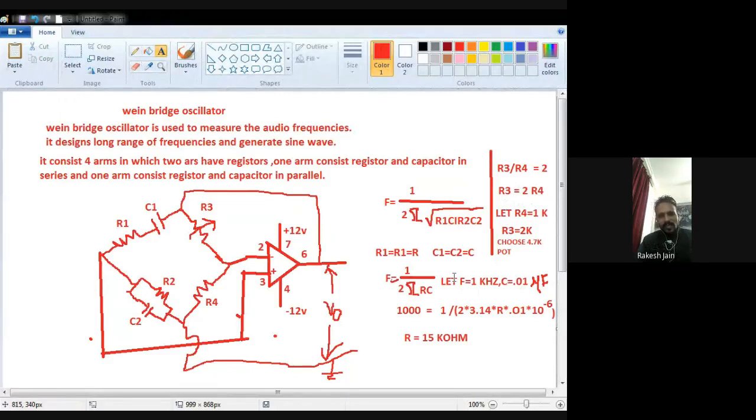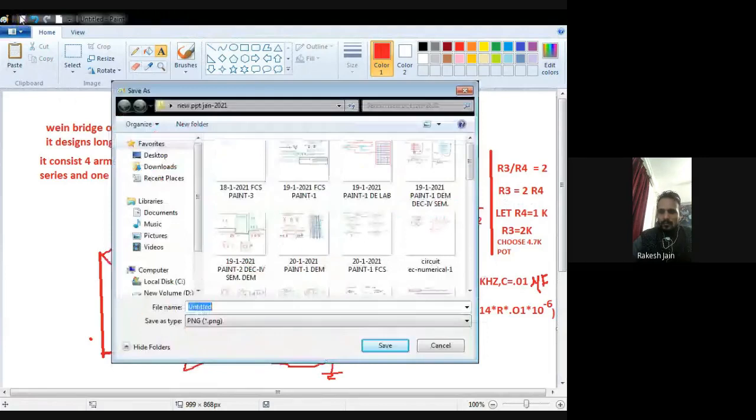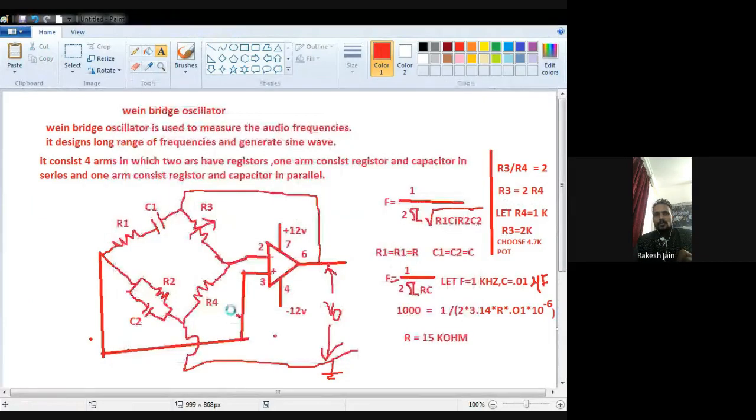So now first of all, I save this file. Now let me design and check the designing procedure.